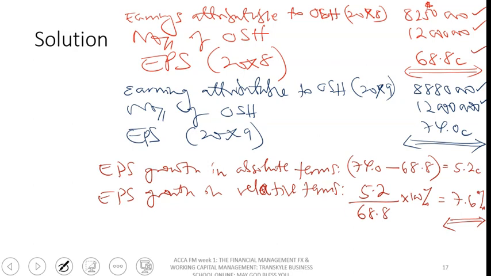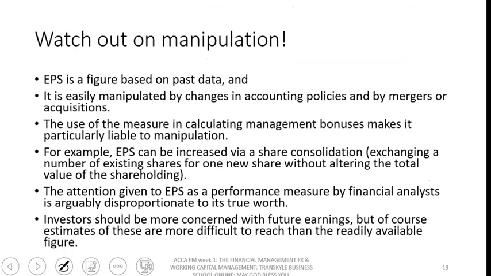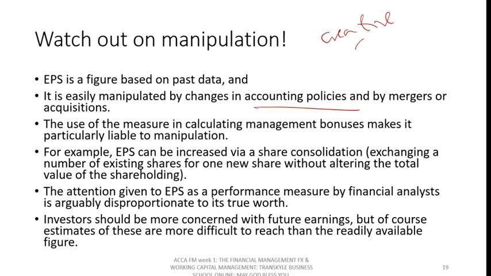We have already pointed out that these ratios, the earnings per share and so forth, are usually subject to accounting manipulation because they are based on past data and accounting policies. Accountants usually manipulate these figures. Remember, there is an aspect of creative accounting, which is a problem. Sometimes they refer to it as earnings management.